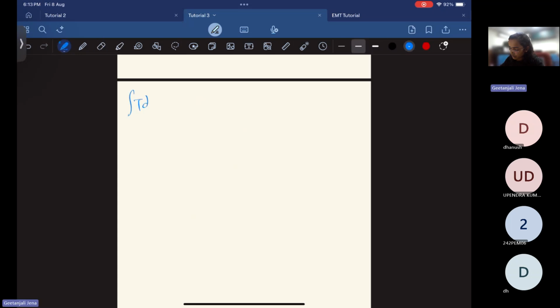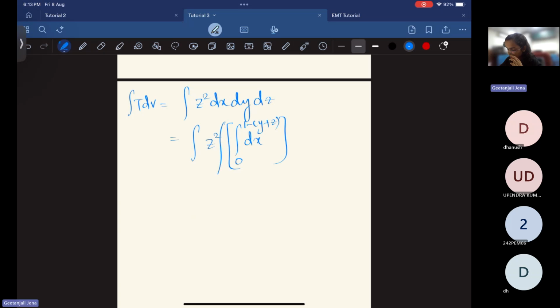So T dV is z squared dx dy dz. What will be the limit for dx? The minimum limit is 0 and the maximum is 1 − y − z. Similarly for dy, you will have a limit.